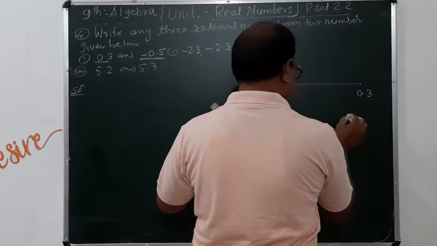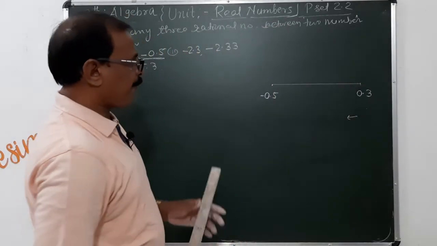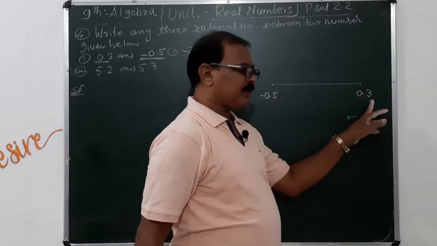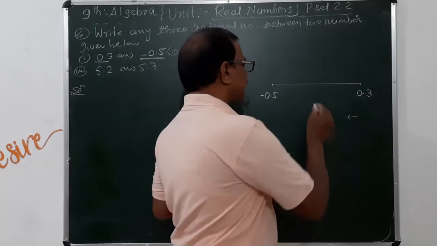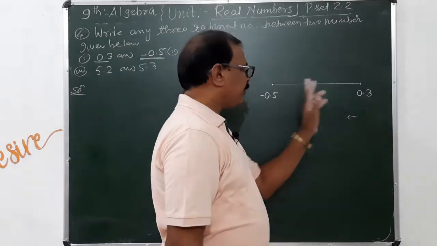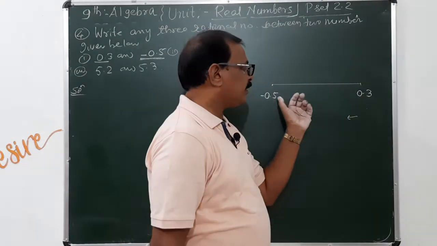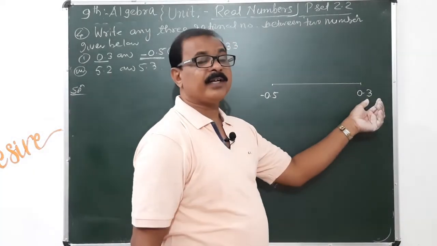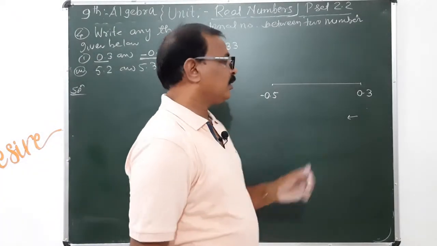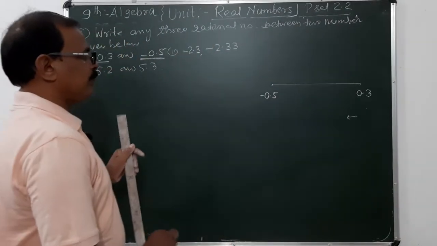Suppose this is the negative direction. We already know this is the greater one and this is the smaller one. Now we know that on a number line, between two points there are infinite numbers of points. So we have to choose that point here.